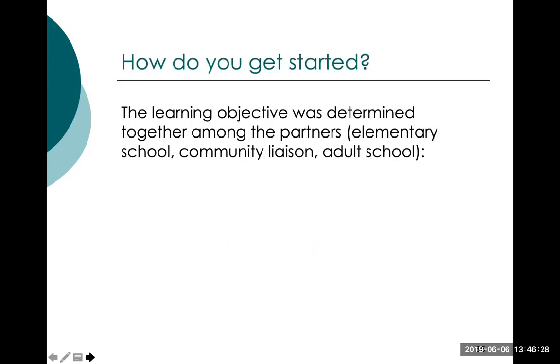As I mentioned earlier, partnerships are critical to family literacy type programs. In a recent parent English class in Castro Valley Adult School, the learning objective was determined together among the partners, the elementary school principals, the community liaison, and the adult school staff.